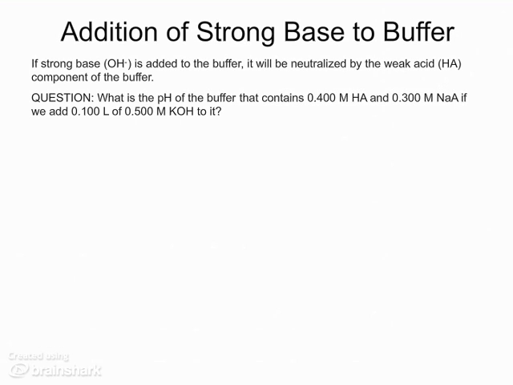Now we're going to calculate the alternative situation where we add strong base to the original buffer. So if we add strong base to the buffer, it reacts with the weak acid HA. So we want to know what the pH of a buffer is if we have 0.4 molar HA and 0.3 molar A minus if we add 0.1 liters of 0.5 molar base to it.